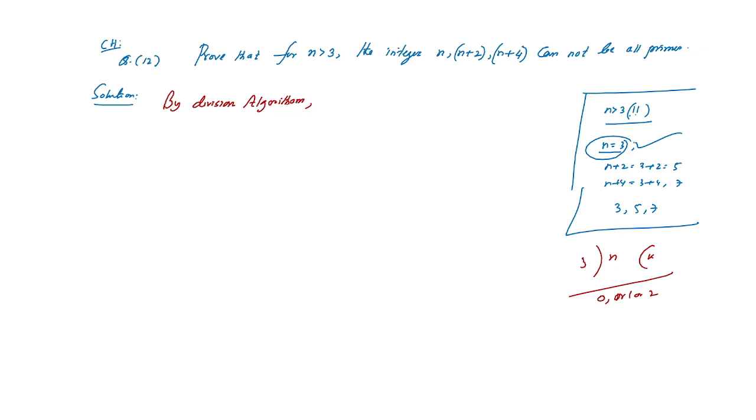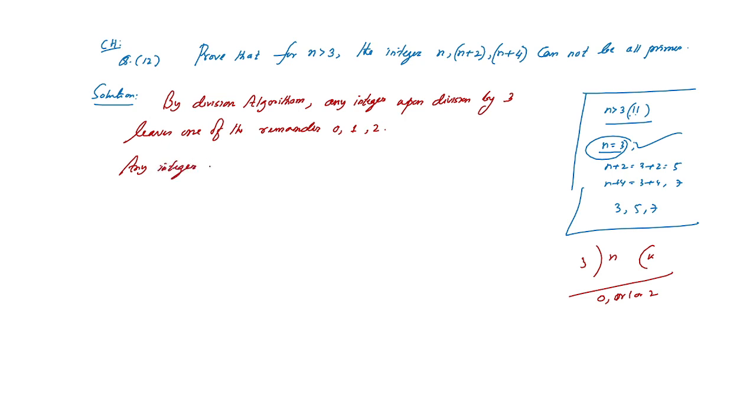So any integer upon division by 3 leaves one of the remainders, either 0 or 1 or 2. So any integer may be of the form 3k or 3k plus 1 or 3k plus 2.